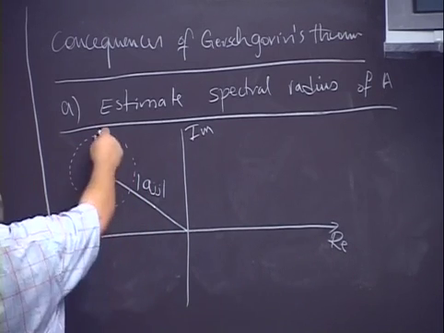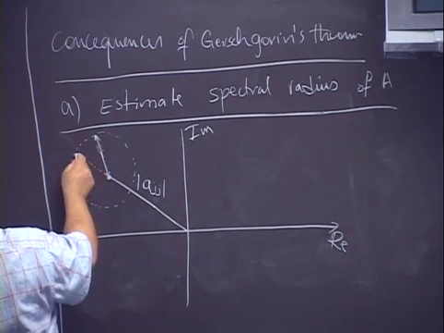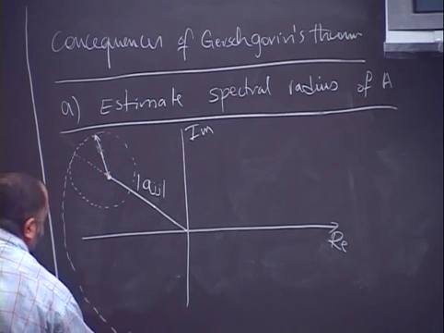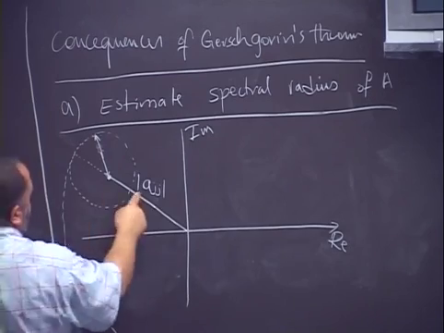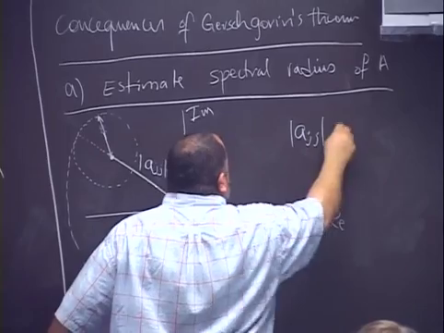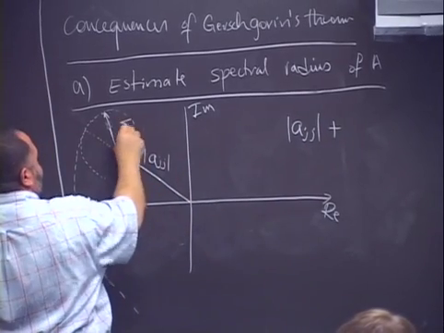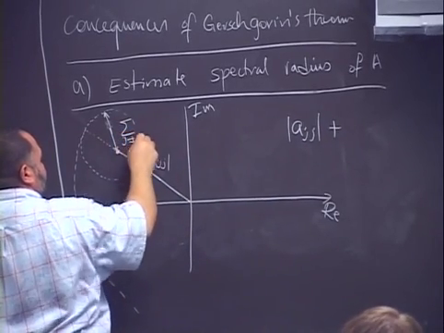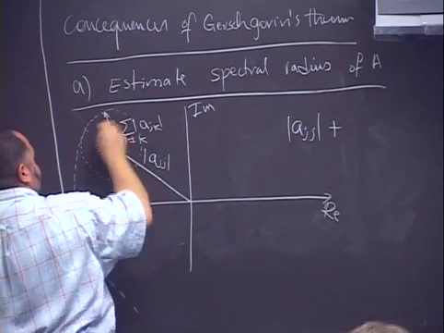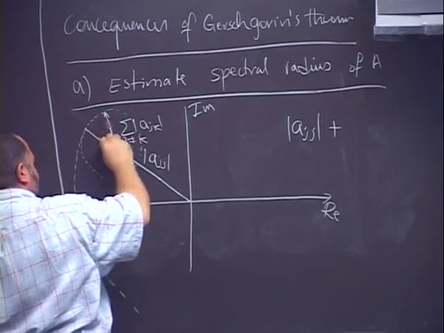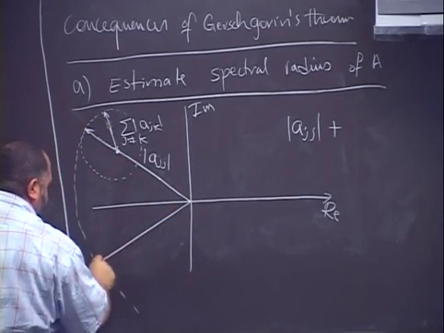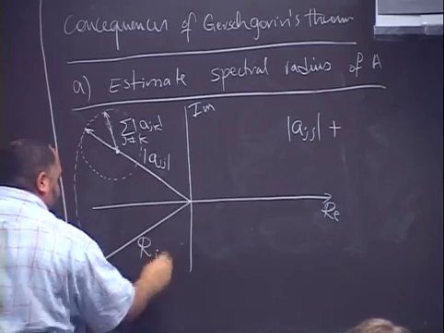I can write or draw a bigger circle like this that's composed of what? Ajj plus what? This is the summation of j not equal to k of ajk. This part here is the same as this part. And I will call this radius rj.